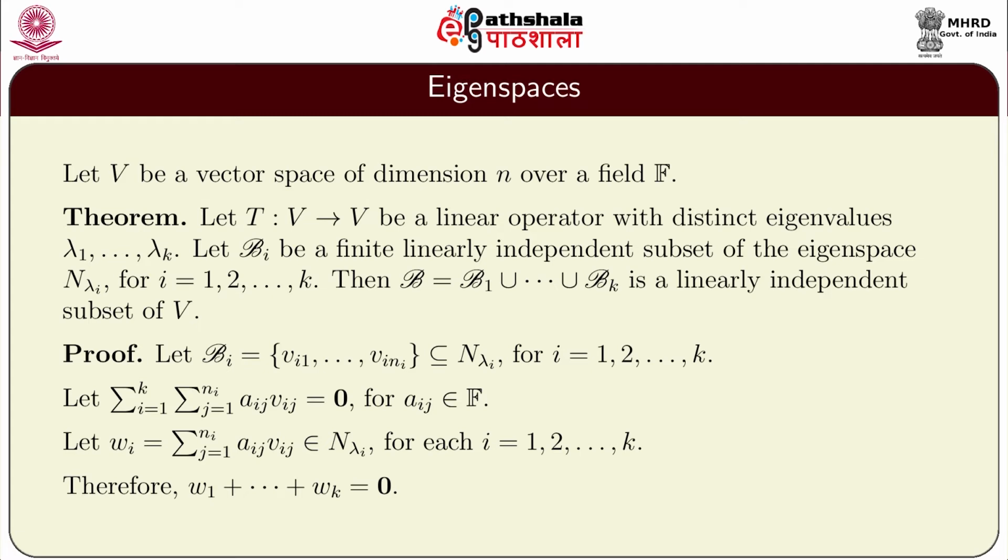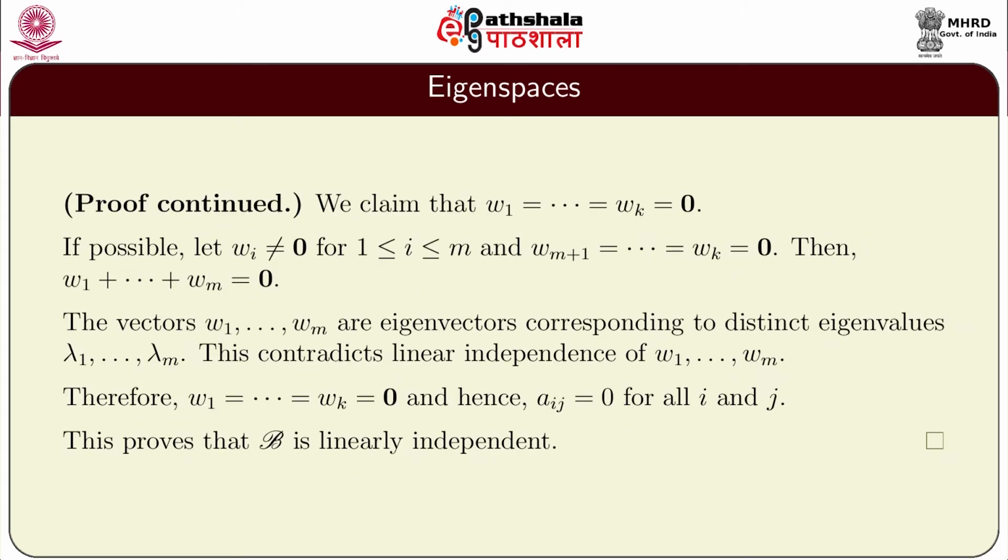Then from that previous line we see that W1 plus W2 and so on up to Wk is the 0 vector. We claim that each of W1, W2 and so on up to Wk is nothing but the 0 vector.